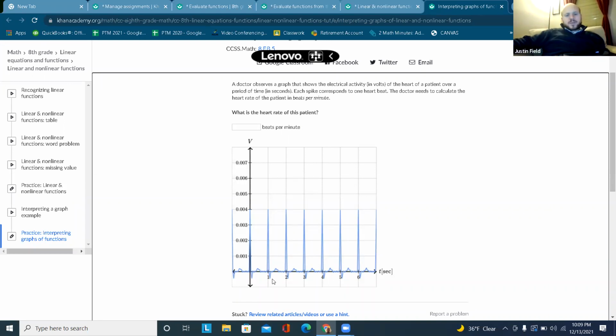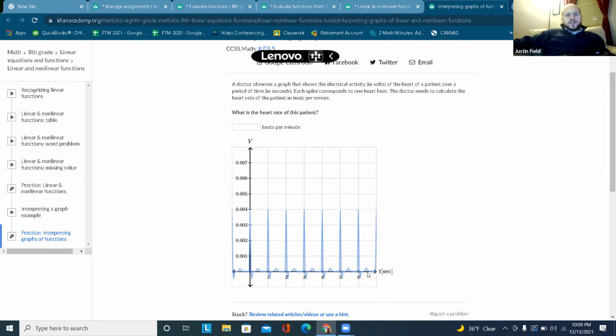Well, I'm looking at it, and I can see that T is in seconds, and then what is the y-axis? Volts. So every 1 second, there's some volts there. So it looks like the patient's heart is beating every second.